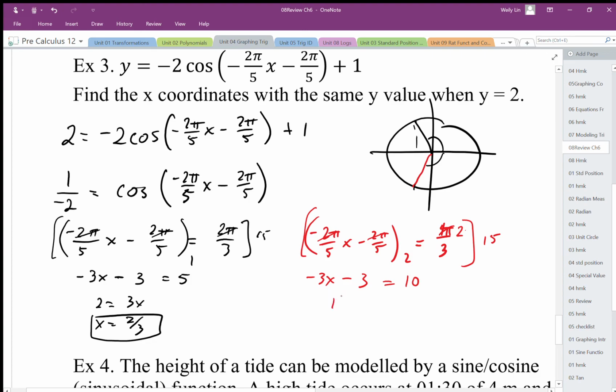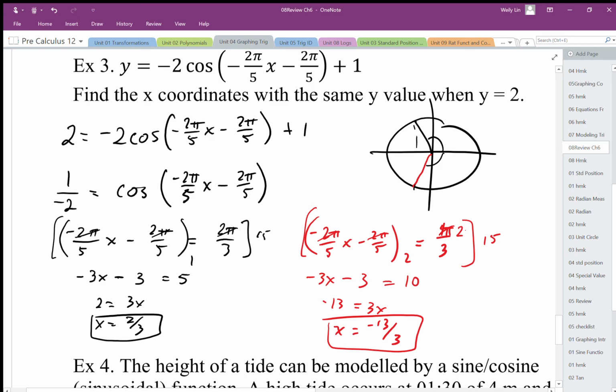So I get negative 13 is equal to 3x. And then I'm going to divide by x. Sorry, divide by 3. So there's my other angle.